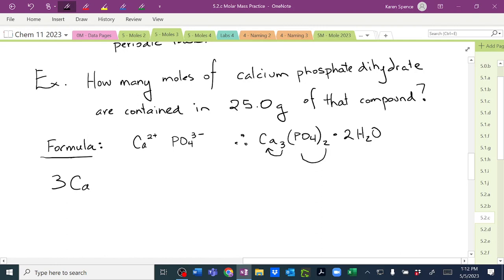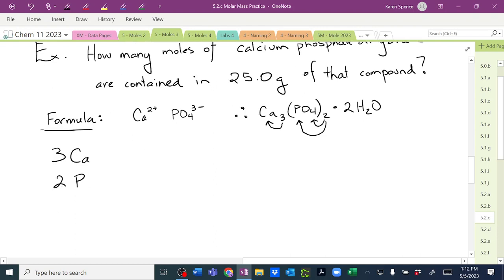I have 2 times 1 is 2 phosphorus. I have 2 times 4 is 8 oxygen. Now, I'm going to show you a little cheat here for water, okay?